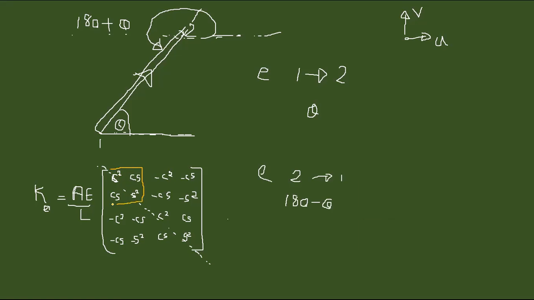These four elements would be exactly the negative value of this, and these four are the same and the negative value of this matrix, and this will be equal with the final four members, right? That's one way of remembering this matrix.